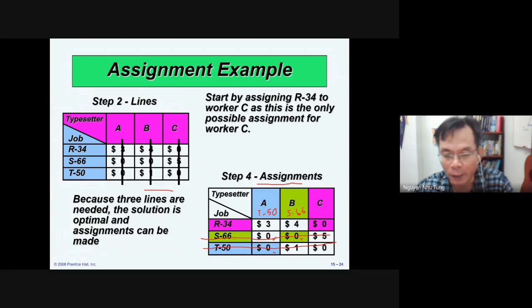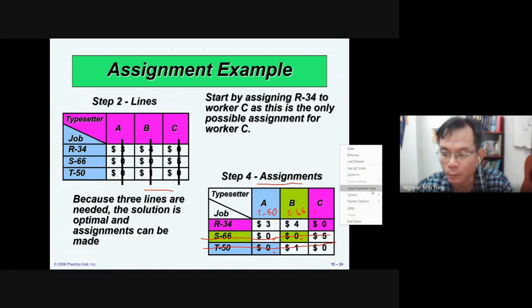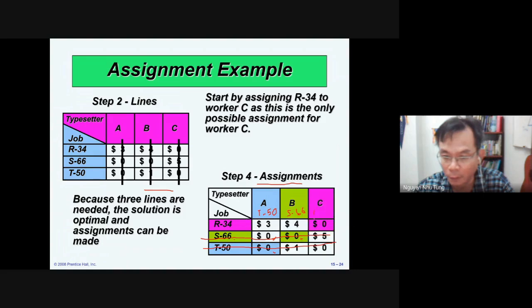The remaining job is R34, and things become very easy now. C can do R34. Now done.